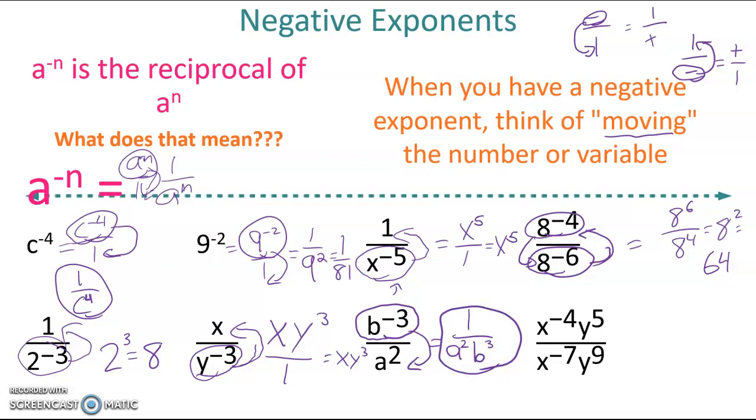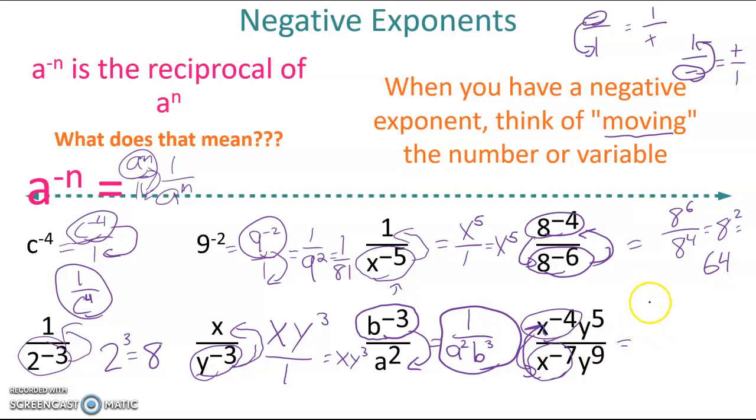Now for this one here, hey, we're throwing a couple of different variables at you, both x and y, 2 on top, 2 on bottom, okay? So hey, let's move them around. Let's start with these negative exponents here. I got x to the negative 4 and then x to the negative 7, okay? Both of these are going to switch, so I'm going to switch this one to the bottom, and switch this one to the top.